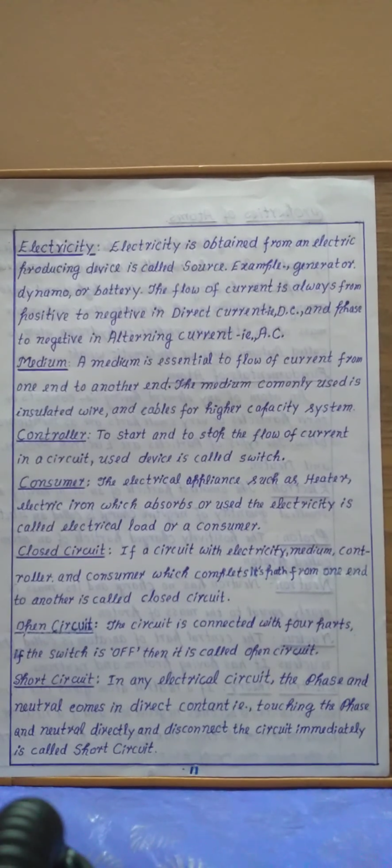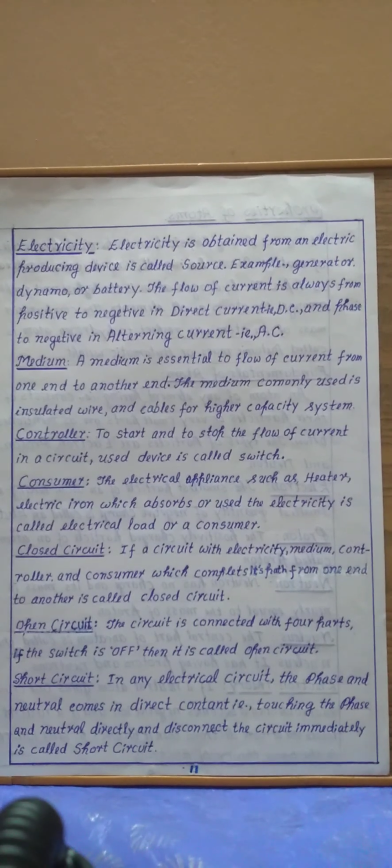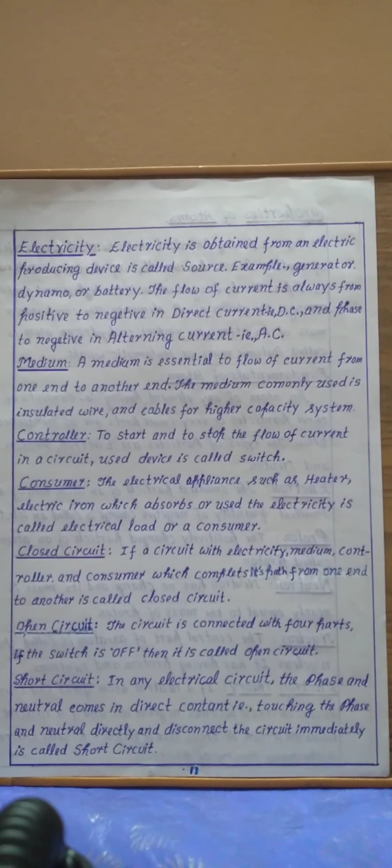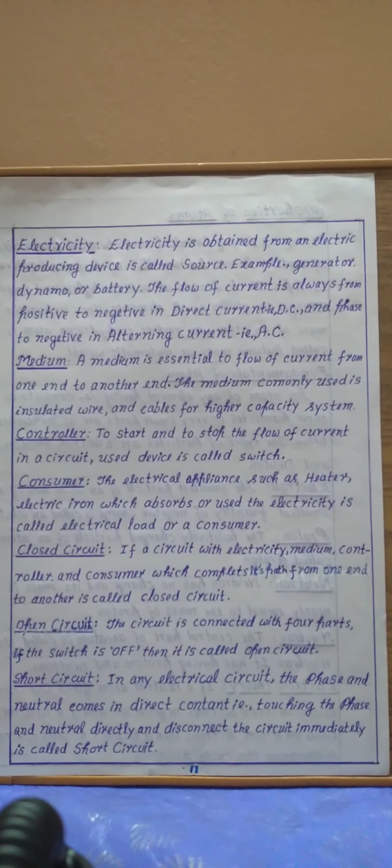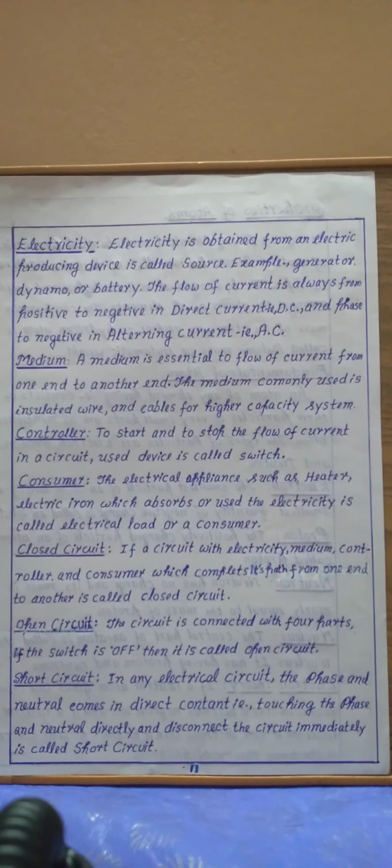And in alternating current, it flows like a waveform, and in DC it flows in a direct line. So that is why I want to say these few words.